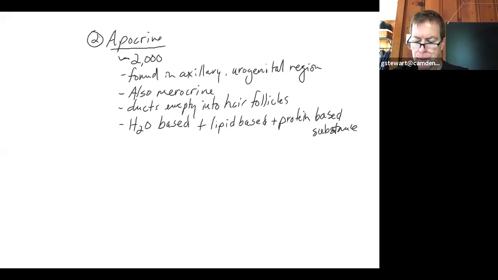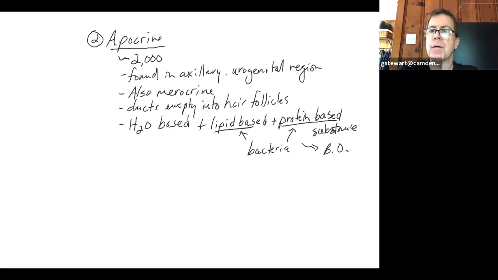And in particular, when the lipids and proteins are decomposed by bacteria that live on the surface of our skin, that's what produces body odor. So it's bacteria that decomposes these two substances that then give off body odor. So these glands become active during puberty.